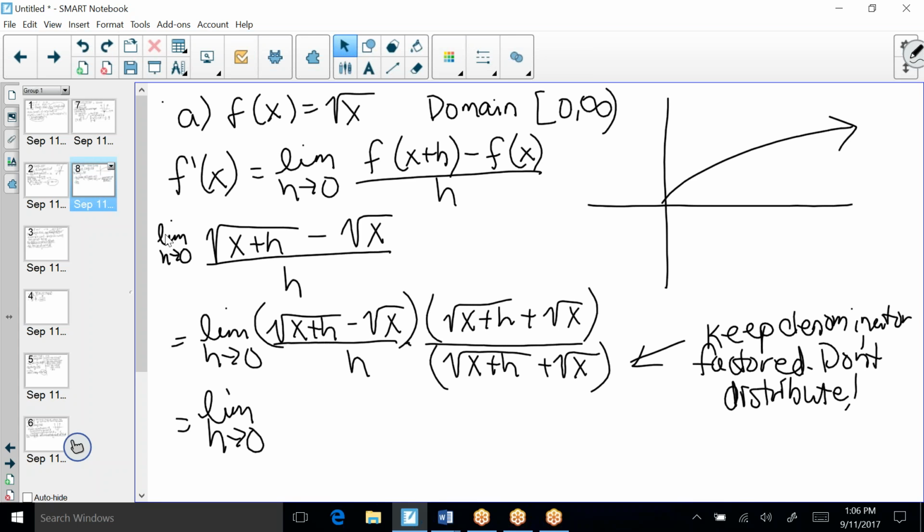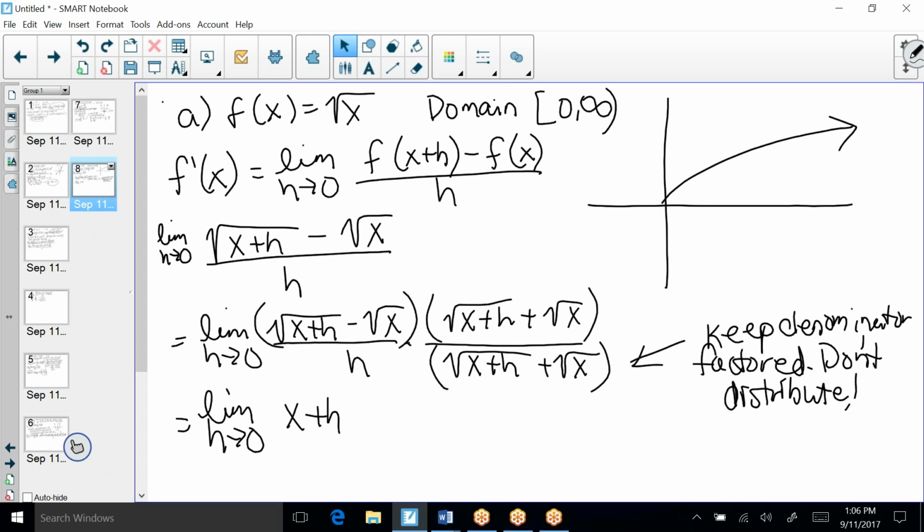What do we get when we multiply root x plus h times root x plus h? Just x plus h. Those square roots cancel. And then you see, since one is a sum and one is a difference of the same thing, inside and outside terms, what happens to them? They cancel, right? Because we have minus root x times root x plus h plus root x times root x plus h, so they cancel.